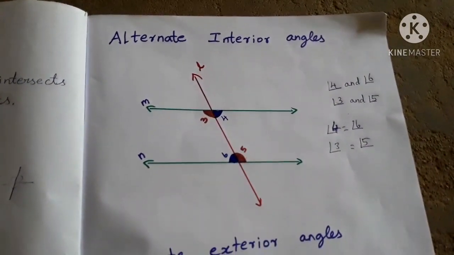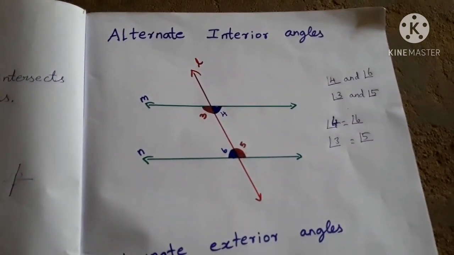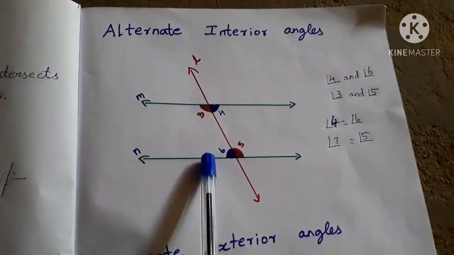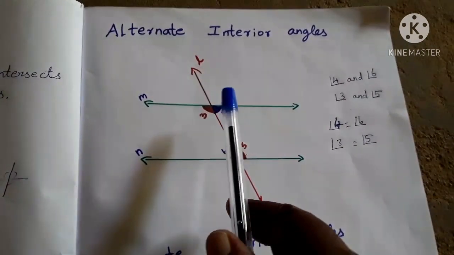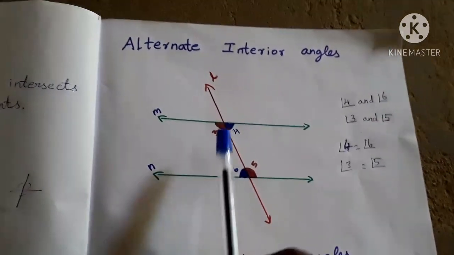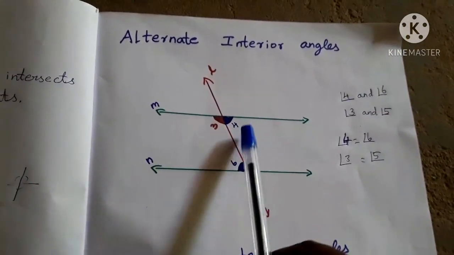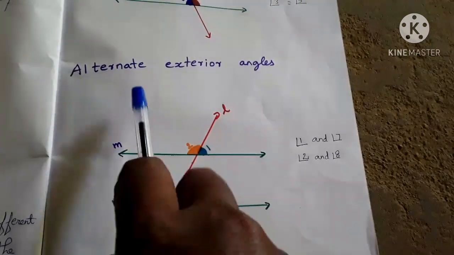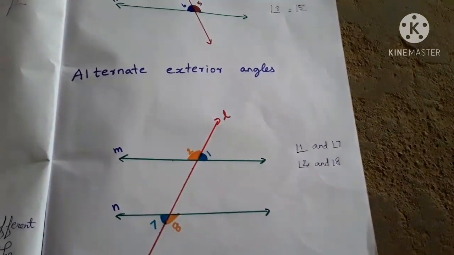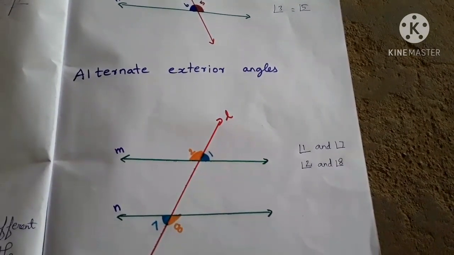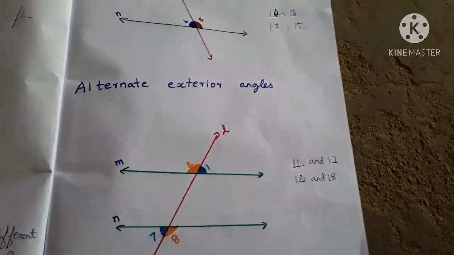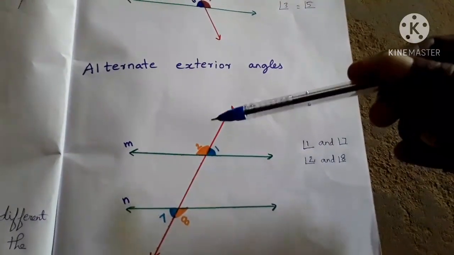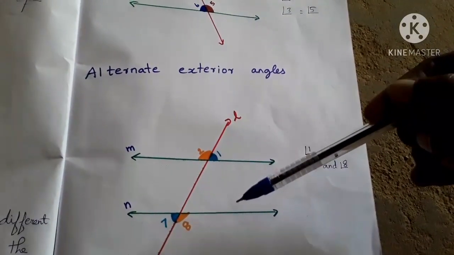How do you identify alternate interior angles? They lie between lines M and N and opposite of the transversal. Now we are going to see the alternate exterior angles: angle 1 and 7, angle 2 and 8. How do we say these are alternate exterior angles?